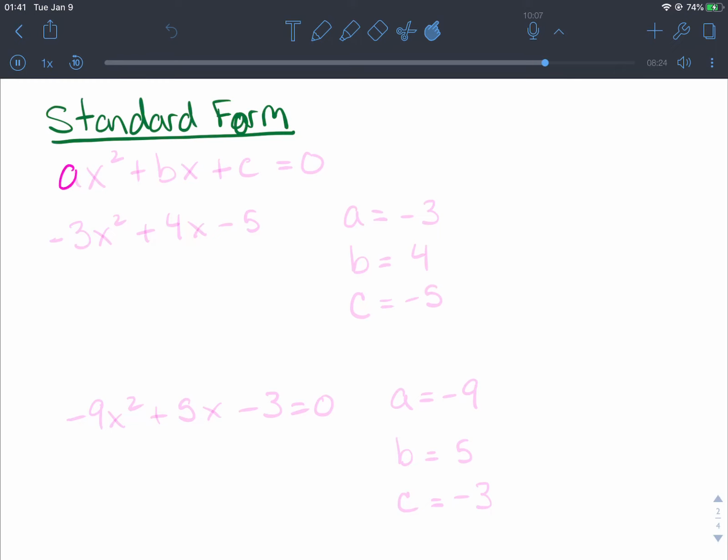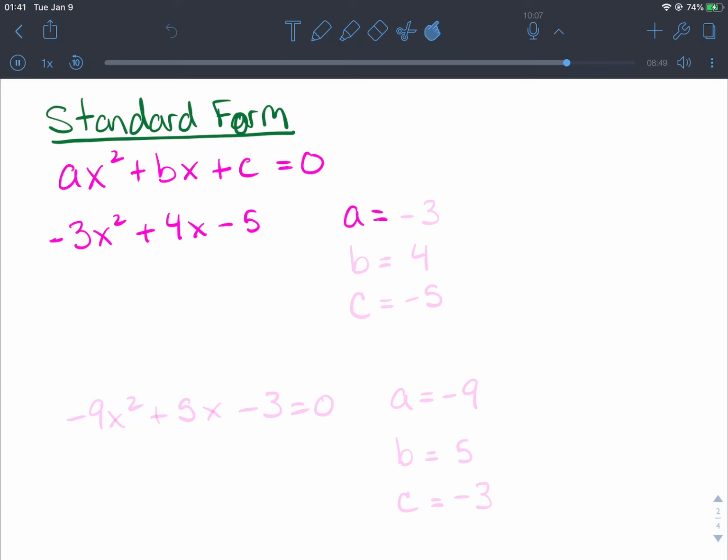So standard form is ax squared plus bx plus c equals 0. So if I write an equation that looks like this, negative 3x squared plus 4x minus 5, and I asked you a question such as, what is a? Well, look here. A is written before the x.